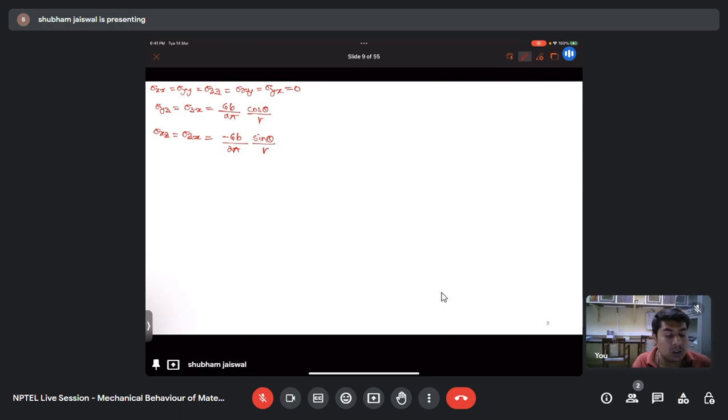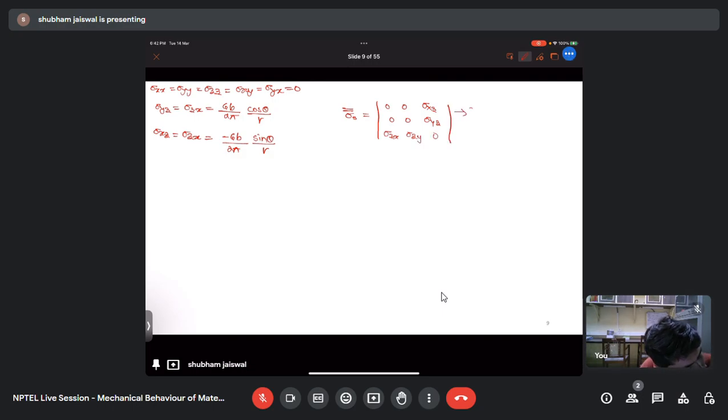If I write down the stress tensor for a screw dislocation, it will be something like this: 0 0 sigma xz, 0 0 sigma yz, sigma zx sigma zy 0.